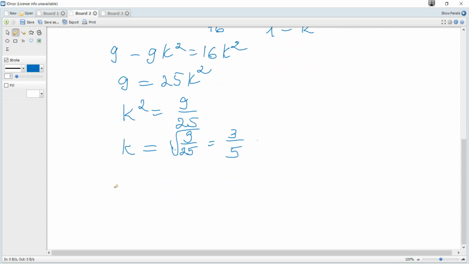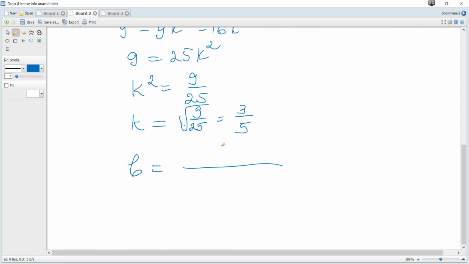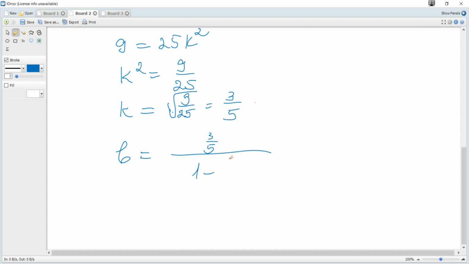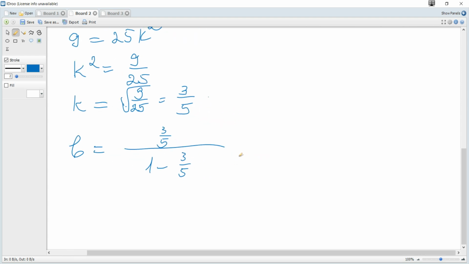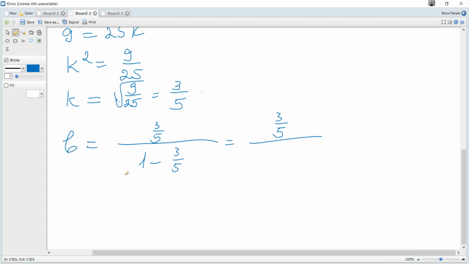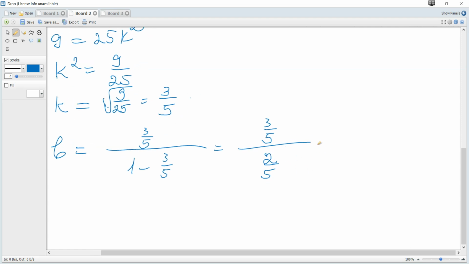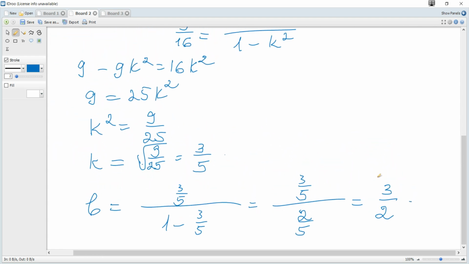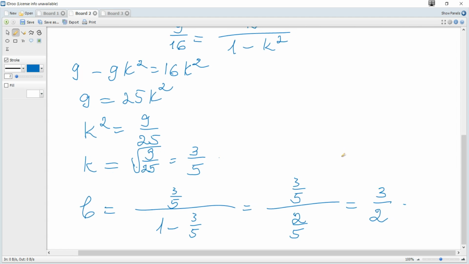And then b becomes k, 3/5, divided by 1 minus 3/5. 1 is 5/5, so it's 5 minus 3, 2/5, and it becomes 3/2. So the required value of b is 3/2. And that's all for this question.